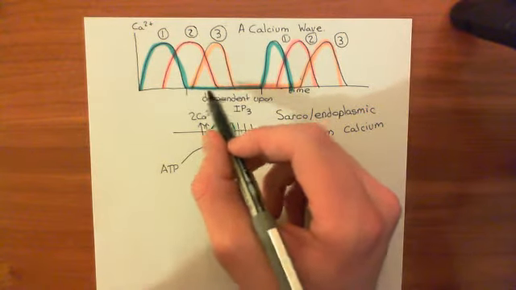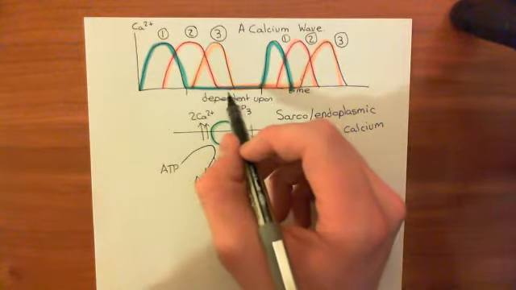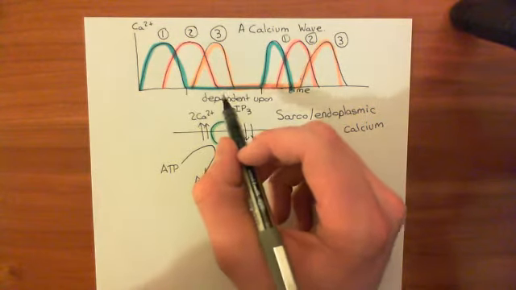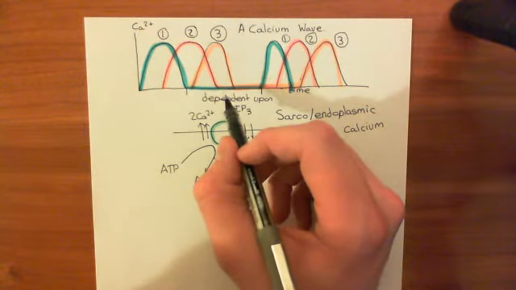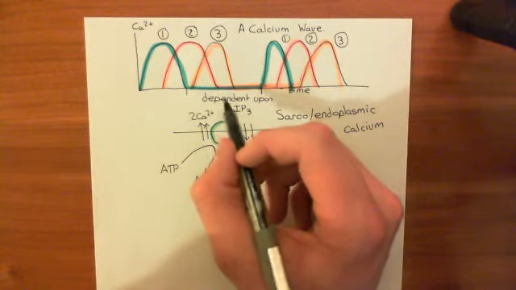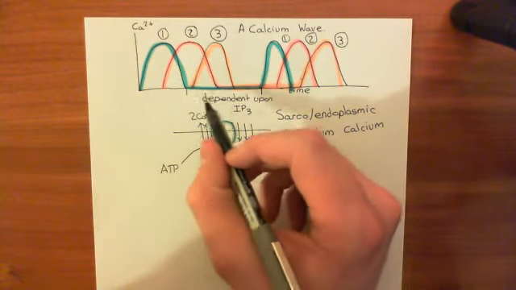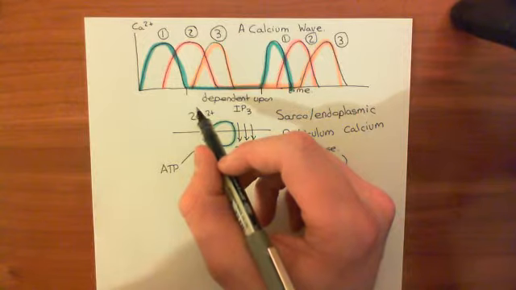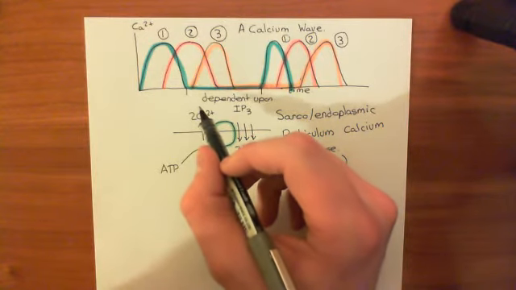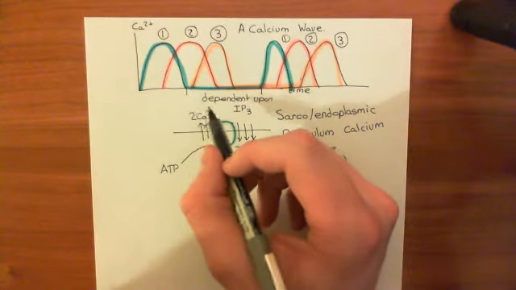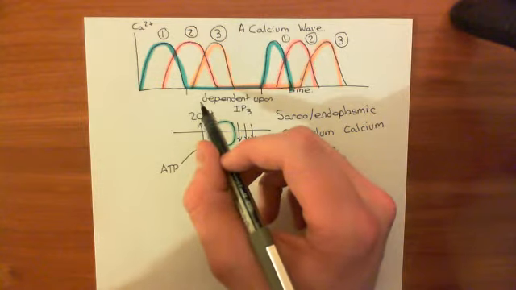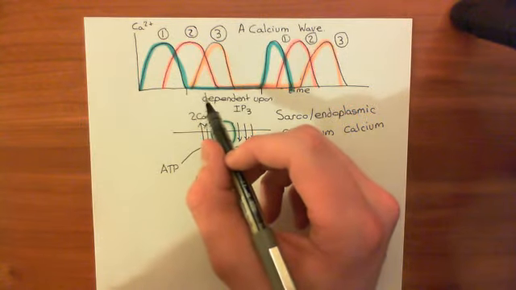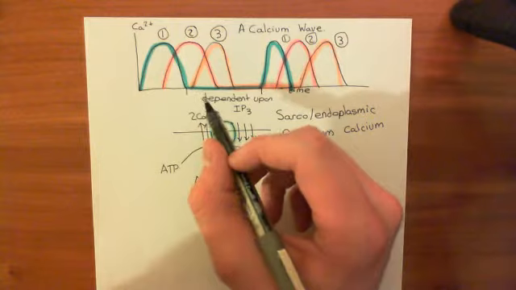You fire calcium waves at a higher frequency. Okay, so the frequency of the calcium waves propagating across these endothelial cells is dependent upon the IP3 concentration, which is dependent upon the stimulus intensity of the acetylcholine. So a higher stimulus intensity, a higher frequency of calcium waves. A lower stimulus intensity, a lower frequency of calcium waves.